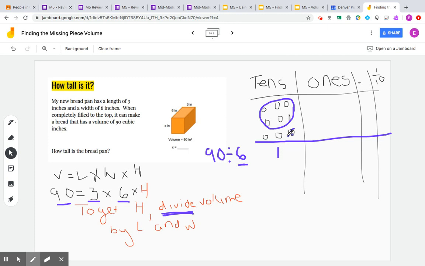And now I need to decompose my tens into ones so I can divide again.